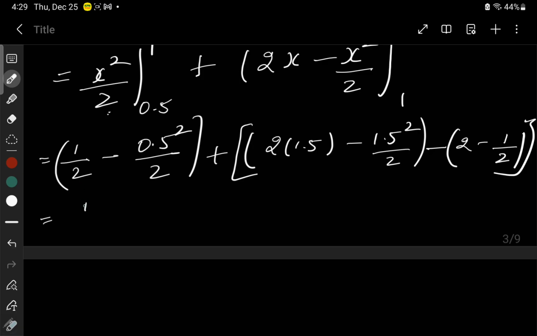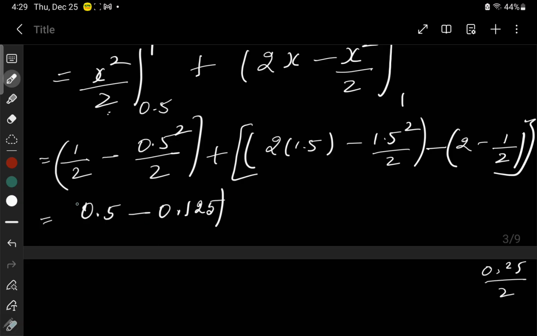So 1 by 2, if I convert into decimal, is 0.5. Minus, 0.5 squared is 0.25, by 2 is 0.125.